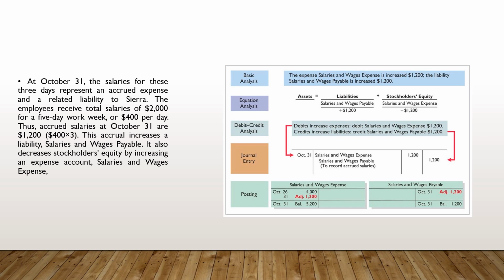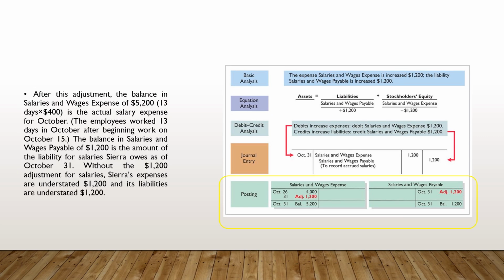So this will also decrease our equity by increasing our expense account. So we've got to look at salaries and wages expense. Okay, so right here, with these adjustments the balance in the salaries and wages expense is $5,200. Okay, because we added the adjustment there for $1,200.